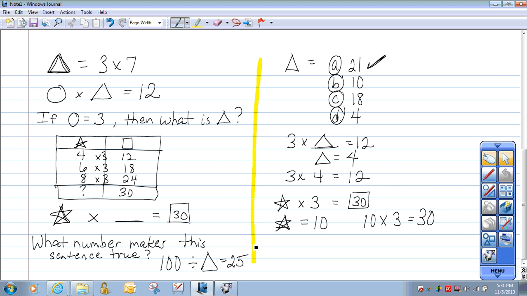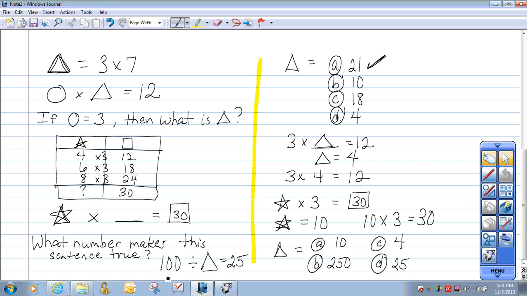Okay. Now, is the triangle equal to A, 10, B, 250, C, 4, or D, 25?